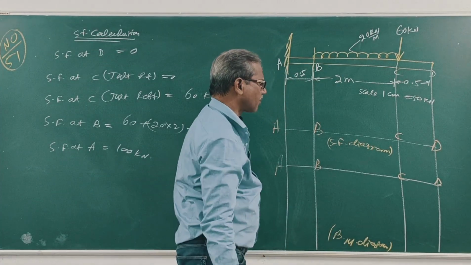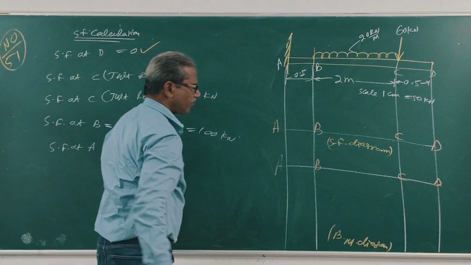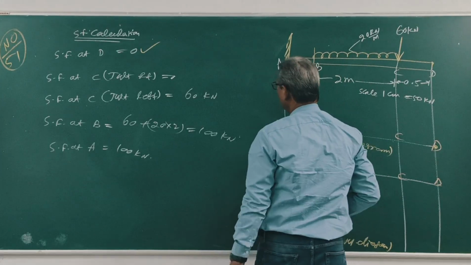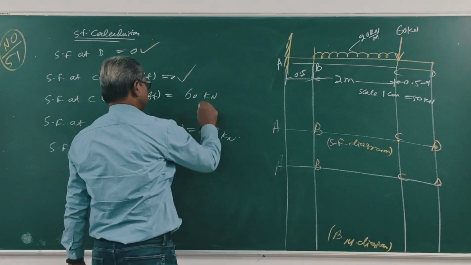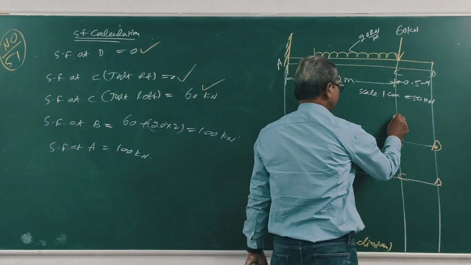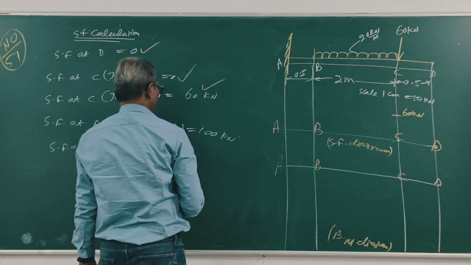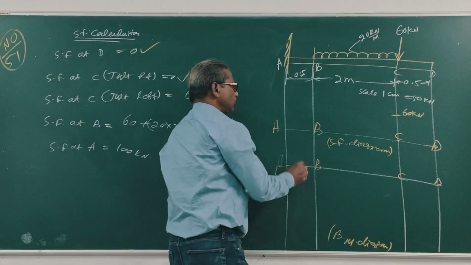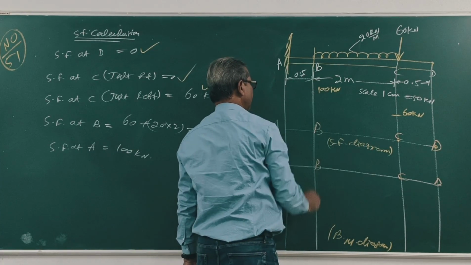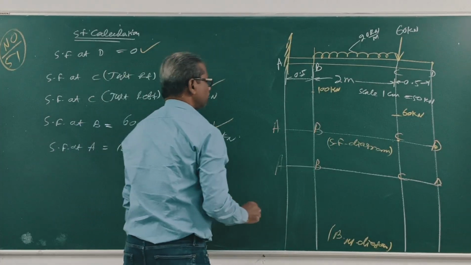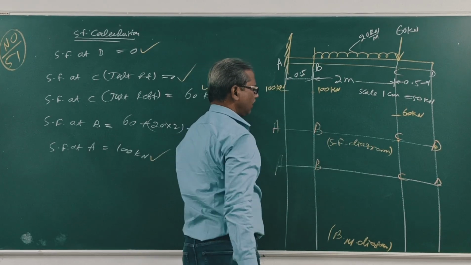At D, 0; C just right 0; C just left 60 kilonewton; at B, 100 kilonewton; at A, 100 kilonewton. Clear?